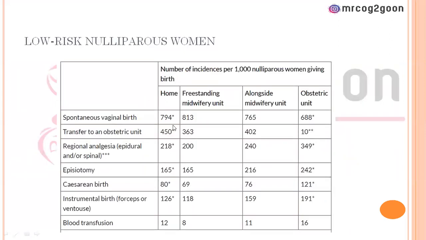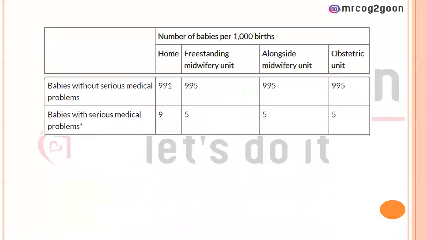Here, for a nulliparous woman, you will see the same: instrumental birth, cesarean section, blood transfusion, episiotomy, regional analgesia, all the interventions are more with an obstetric unit and lower with home birth. And spontaneous vaginal birth is usually higher with home birth.